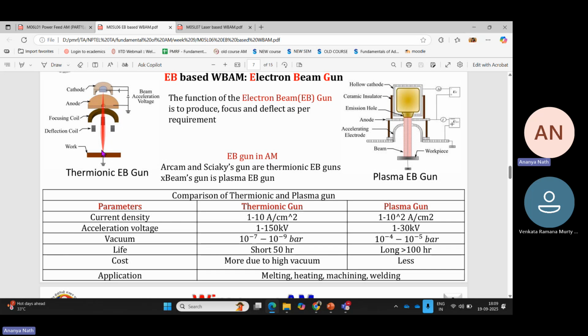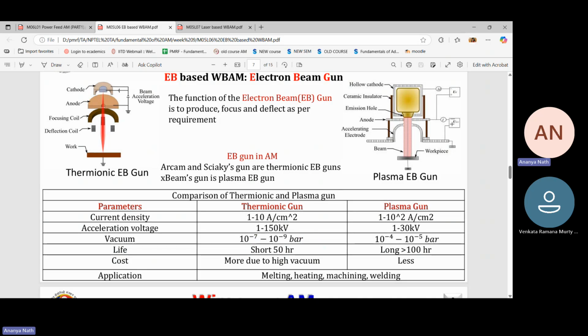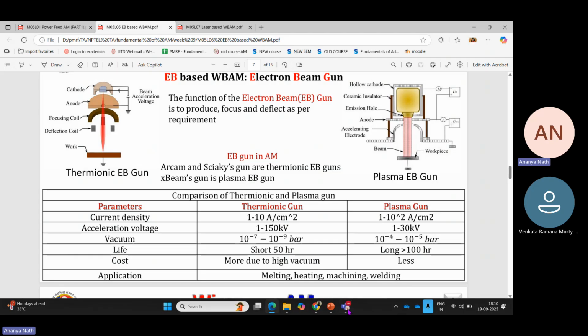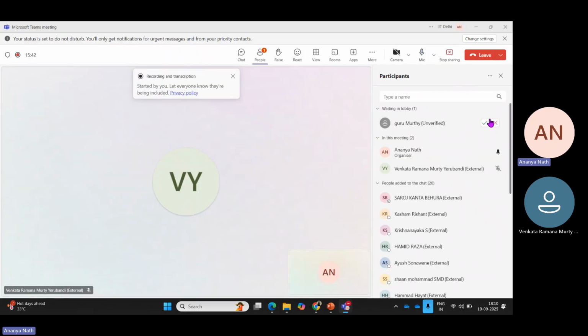That's why we try to achieve as much vacuum as possible inside the chamber, like 10^-7 to 10^-9 bar at the thermionic gun, and like that we can achieve proper focusing of the electron beam.